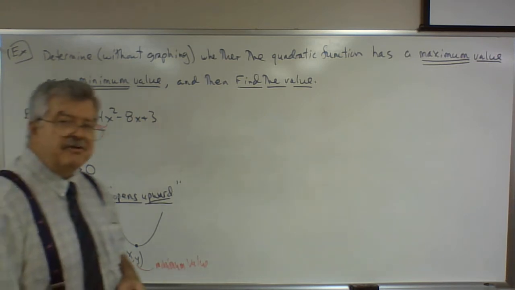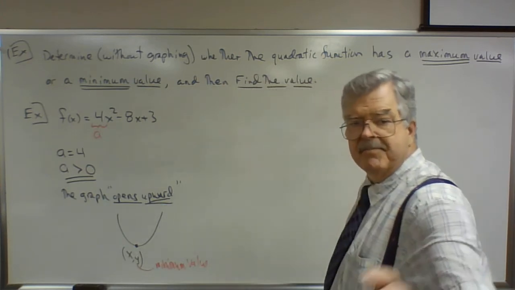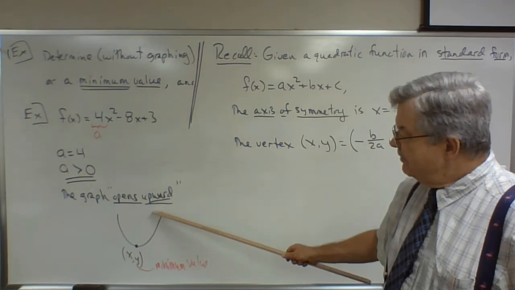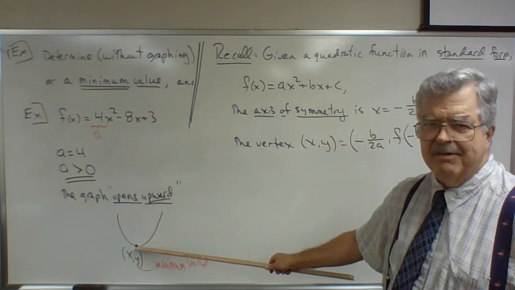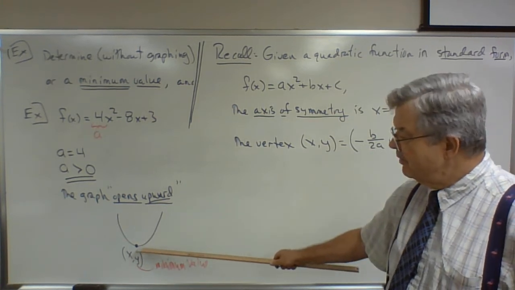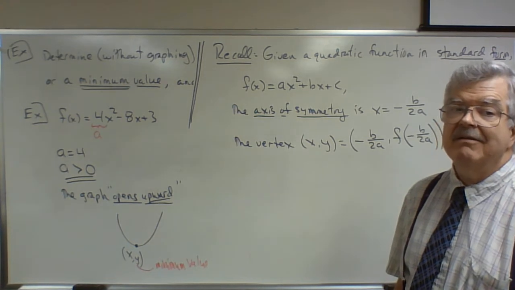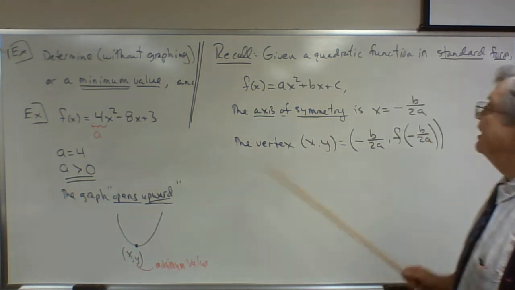Oh my goodness, now how do I find that y value? The graph opens upwards, so the function is going to have a smallest value. And it's going to happen right at the vertex. Now, how do we find that smallest value? Well, remember this.